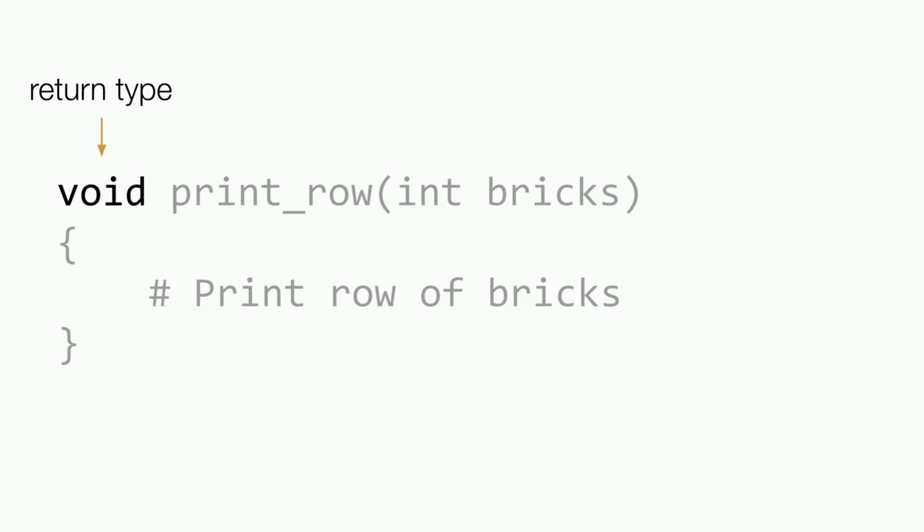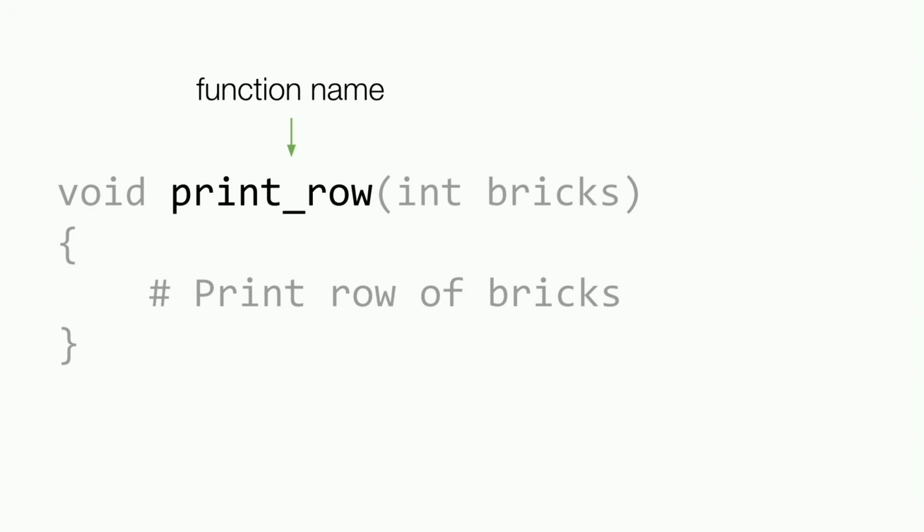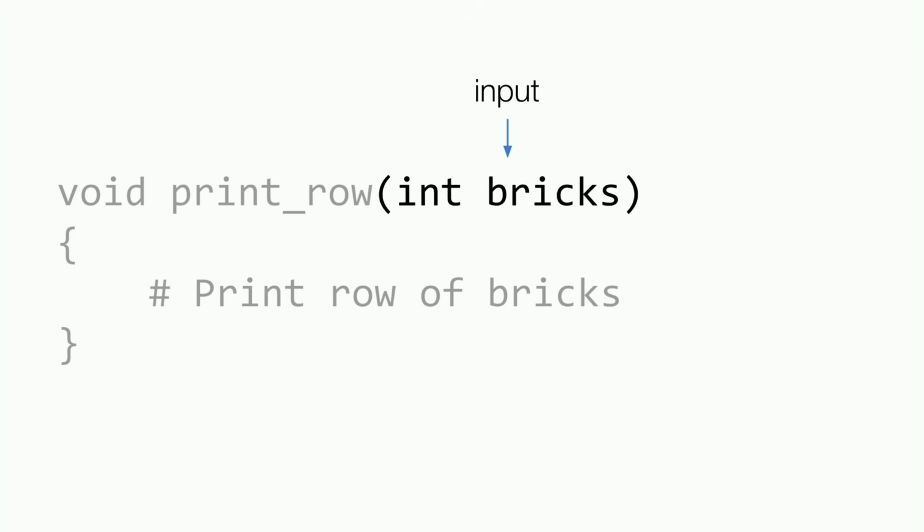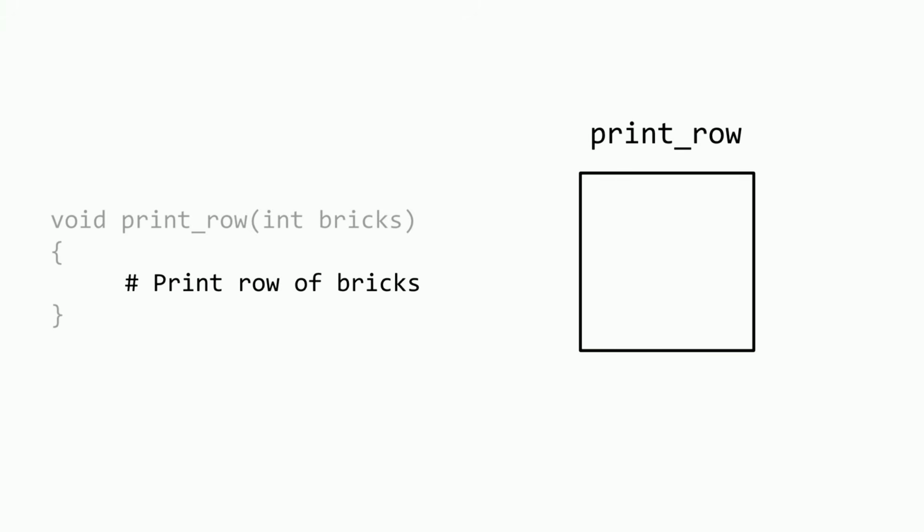So the first part is return type, right? As we said, print_row does not return anything, it just has a side effect of printing something. Then the function name, print_row, which again can be whatever you choose it to be. Then the next is input, right? int bricks is what we pass into our print_row function. And then lastly is some kind of action that we're going to take, which is print a row of bricks.